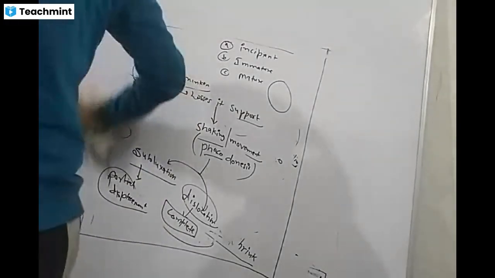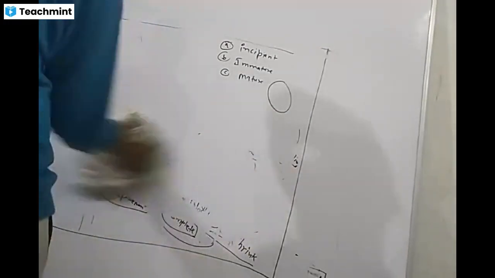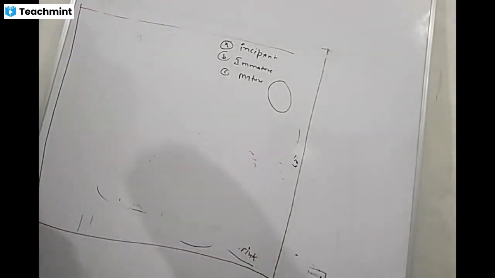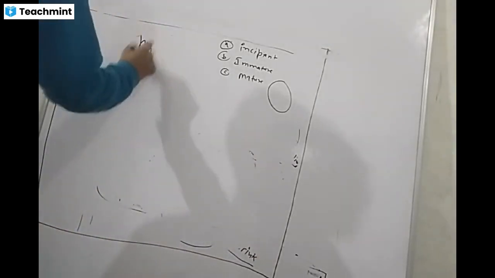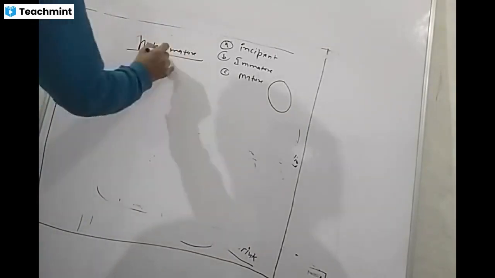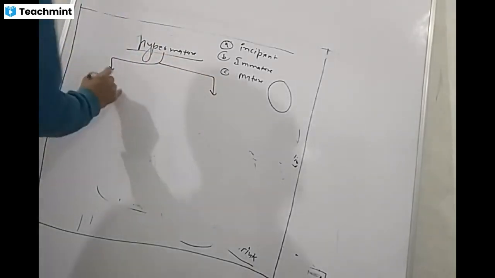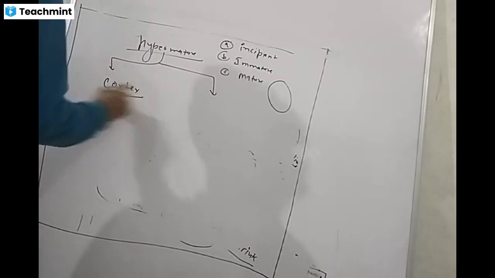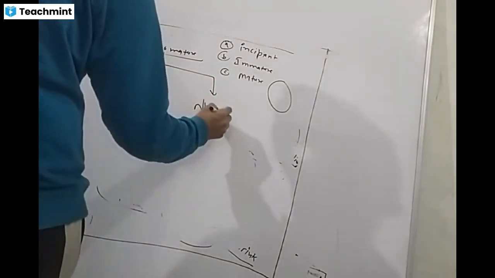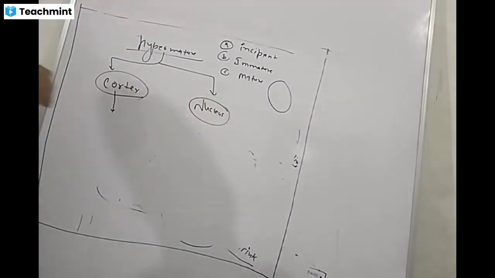This hypermature cataract is of two types. If the cortex of the lens becomes hypermature or the nucleus of the lens becomes hypermature, then the terminology is different.